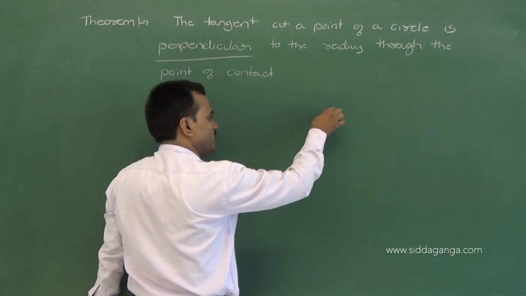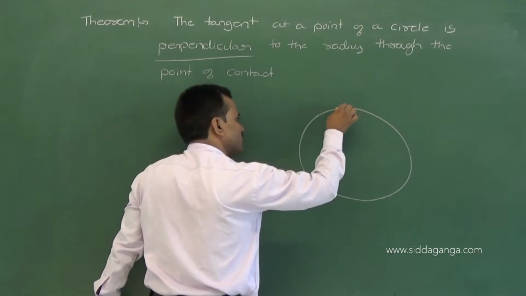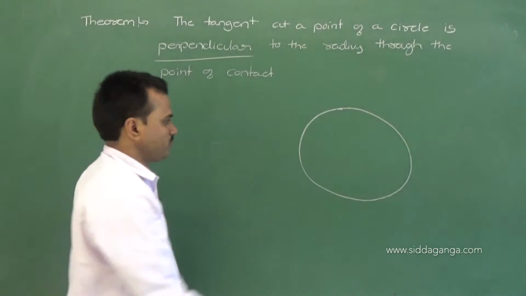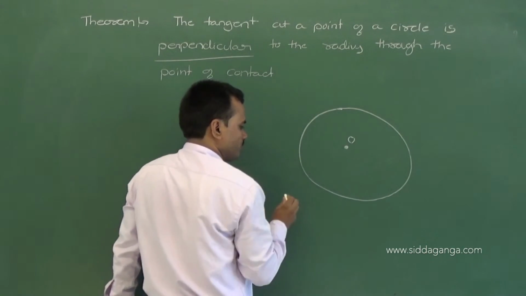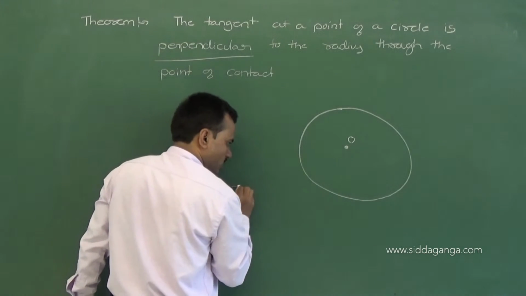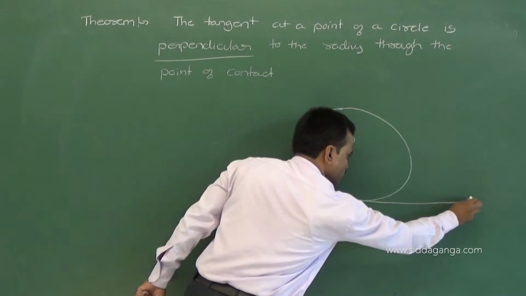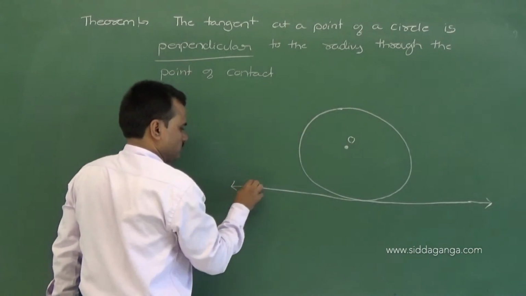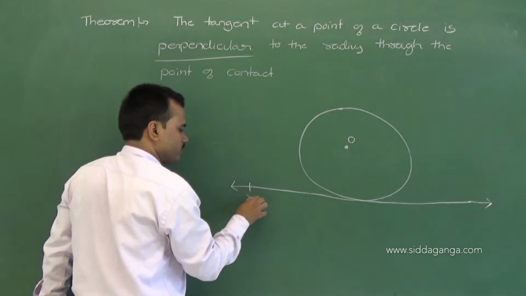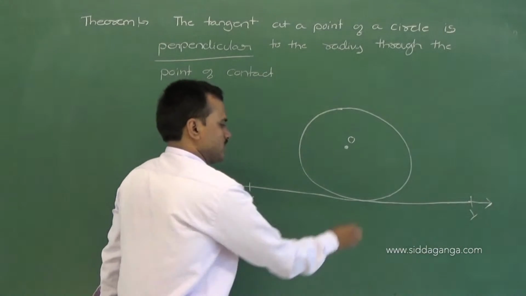So for that, observe here, I draw a circle. Okay, so this is the center O. So I draw a tangent XY.